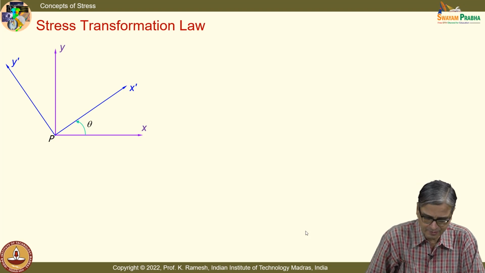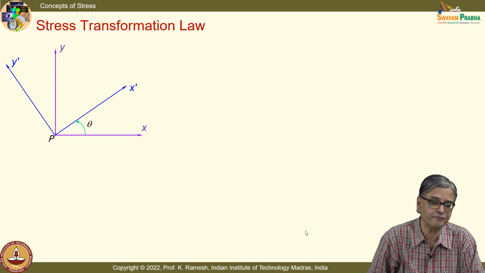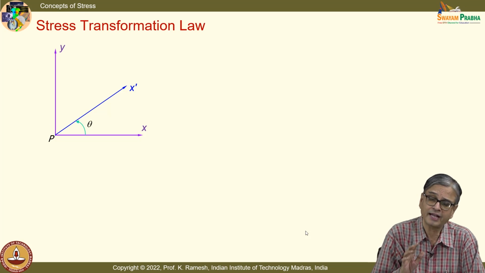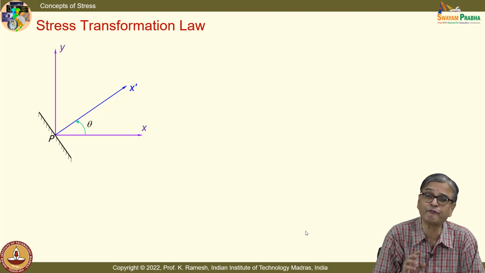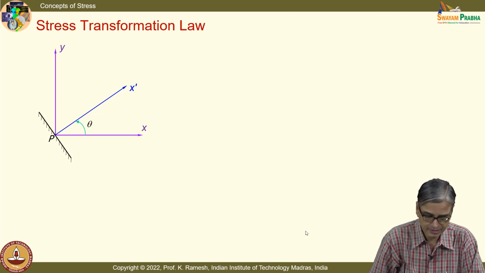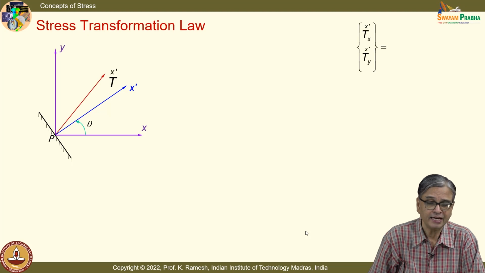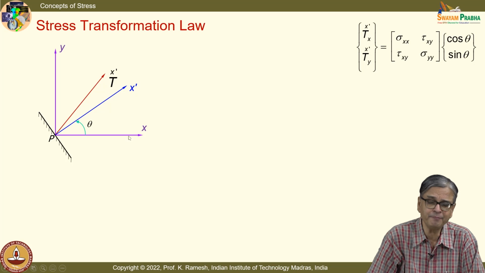And we developed stress transformation from first principles. Again, I am repeating the same thing which we have done in the earlier class, because it is a very fundamental concept. So, when I say t x prime x, I am talking about plane x prime, and I have a stress vector.